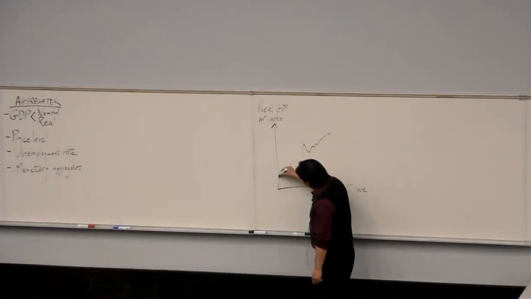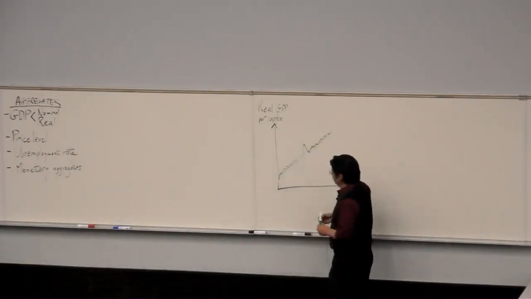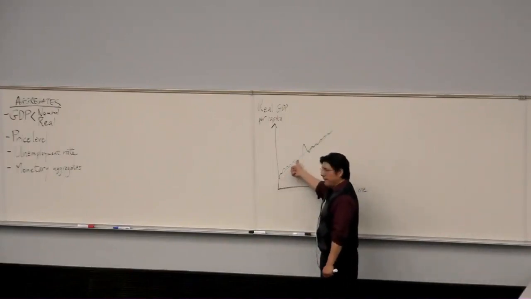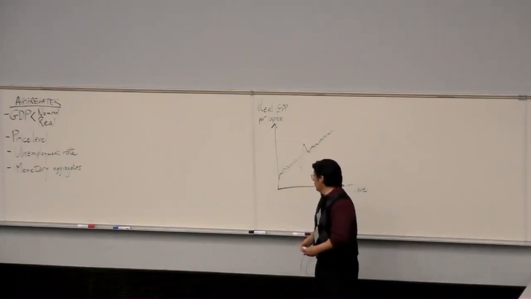Where you see two phenomena. First, over long periods of time, you observe that real GDP per capita goes up. And we call that phenomenon economic growth.